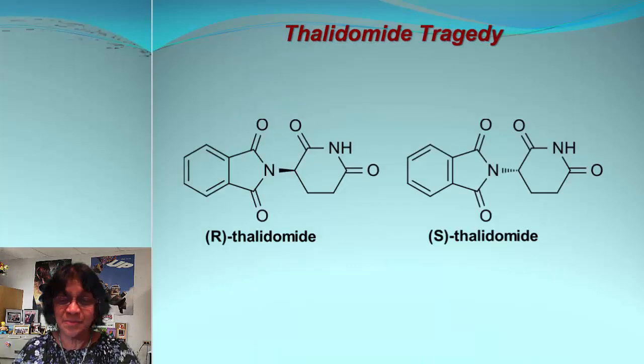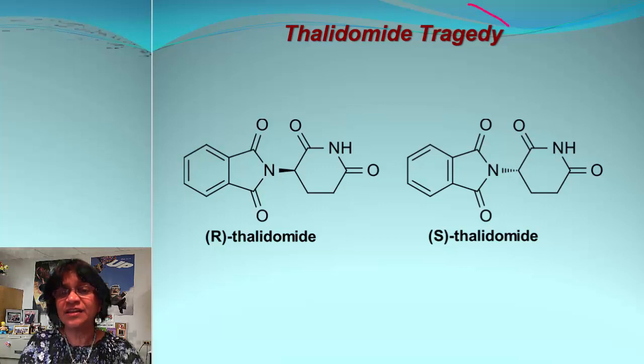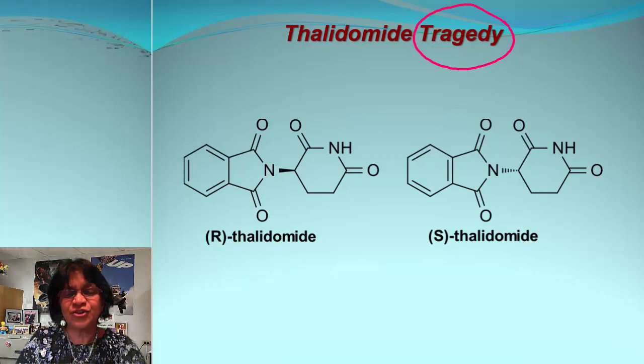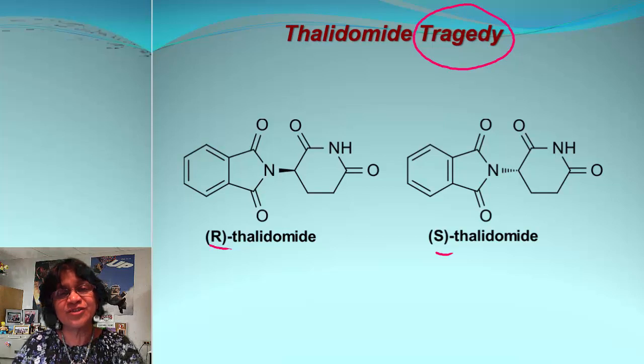Just one simple note. It has a big impact in medicinal chemistry. There was a medicine called thalidomide, and I'm using the word Thalidomide Tragedy. This was a medicine which was prescribed to pregnant women to help them with morning sickness, to prevent them from morning sickness. And thalidomide has two different isomers, and these isomers were not separated, not purified.